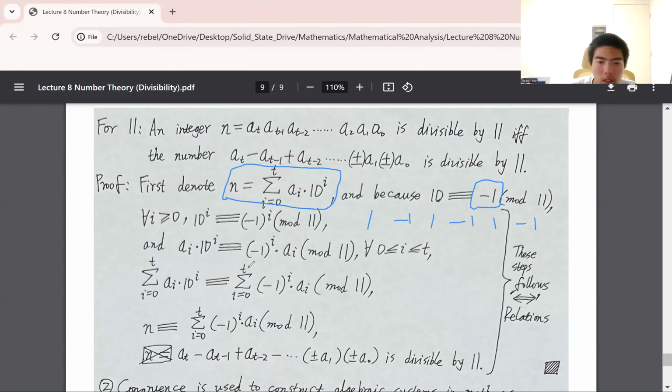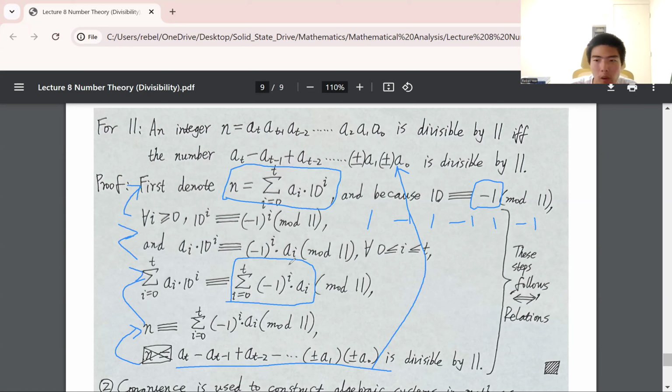And this leads to the form like that, which is equal to what we supposed to have. And also we can do a converse operation, going back to complete the if and only if relation.